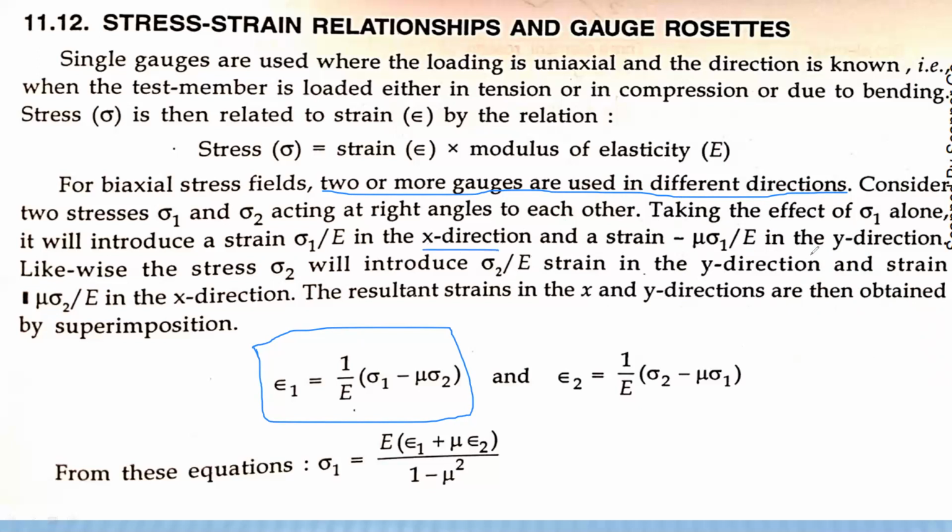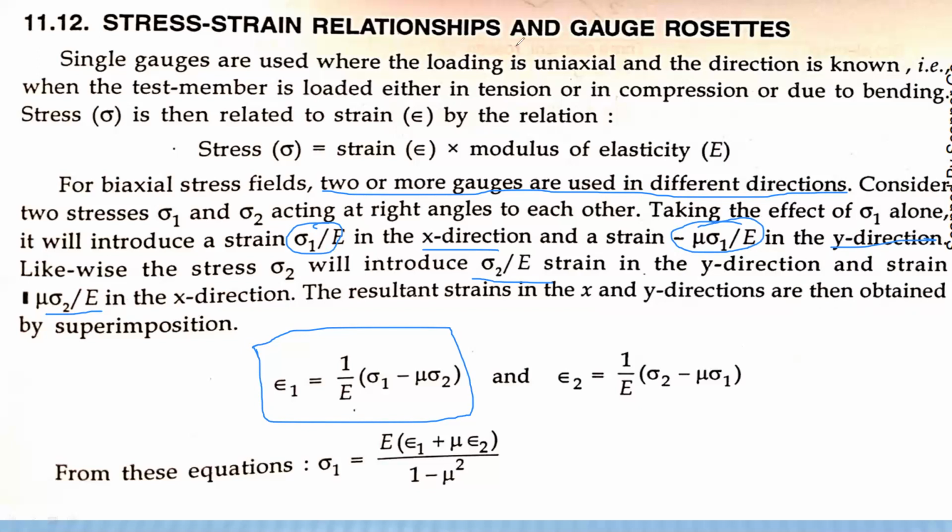In the x direction I get sigma 1 by E, and in the y direction I get mu sigma 1 by E. That is one strain gauge, and for the other strain gauge I get sigma 2 by E in the y direction, and mu into sigma 2 by E in the x direction.